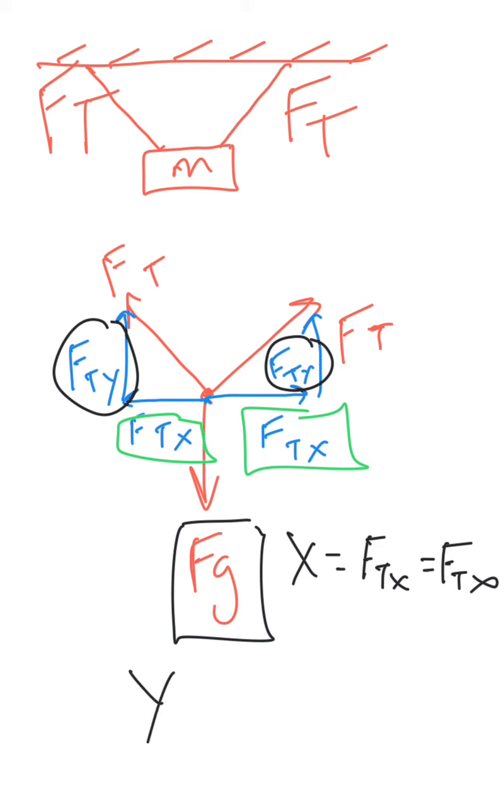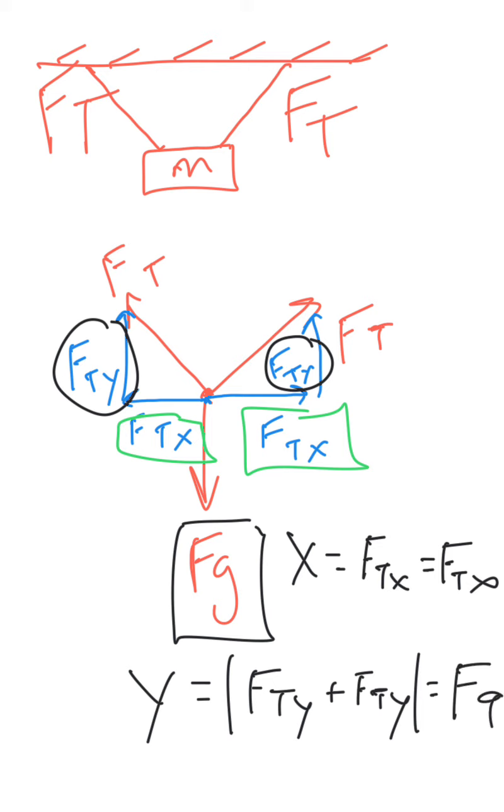And for y, it would be Fty plus Fty equals Fg. You can include the absolute value signs if you want. All that does is ensure that they're both positive, because technically they're in opposite directions. So some are positive, some are negative, but in essence, their numerical values are the same. Hopefully that makes sense too.